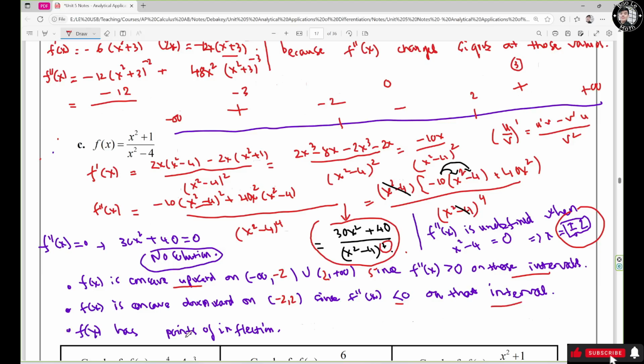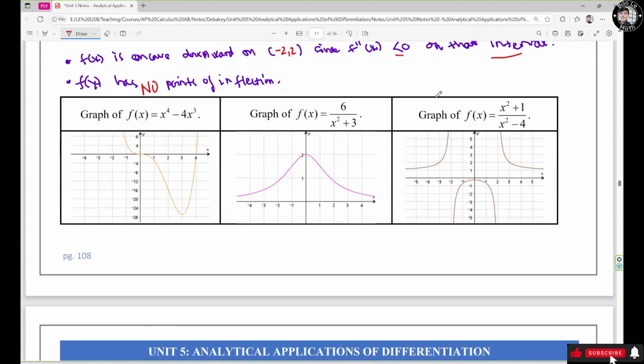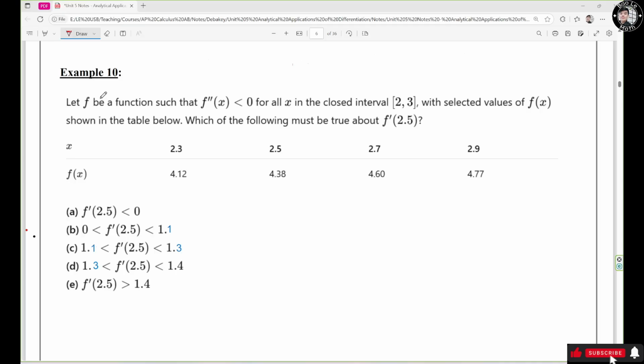Now f(s) has no points of inflection, right? Because f''(s) equals 0 has no solution. Now if you graph the function, it looks like this, right? Now let's move on to the next example.